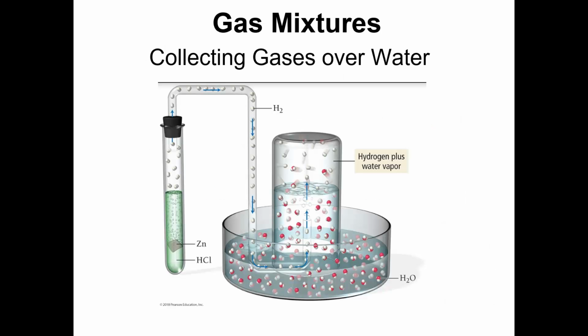So sometimes you are going to work a problem where it will state such and such gas was collected over water, and when that happens, a little bit of water always mixes in with the gas collected. Like here we have the reaction of zinc.